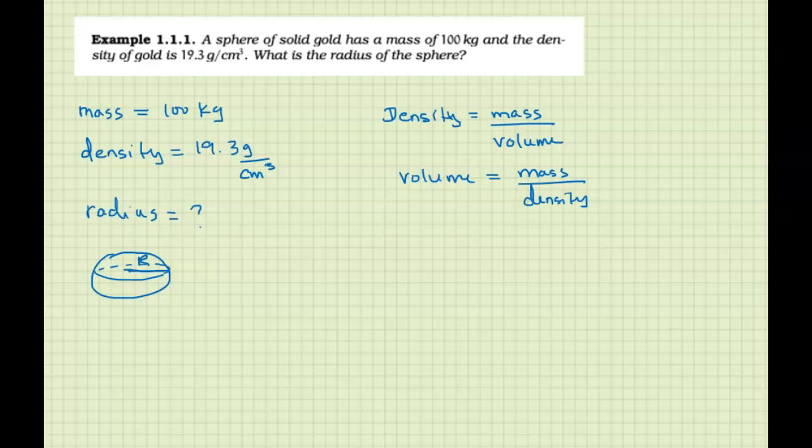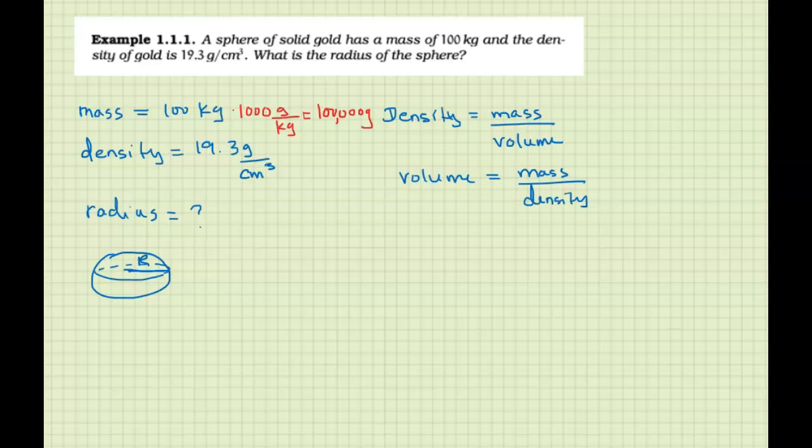So we have to plug in, but before we do, we have to check our units. The mass is in kilograms, but the density is in grams per centimeter cubed. Kilograms and grams are both units of mass, but they're not the same. So we have to change the mass. If I multiply by 1,000, because there are 1,000 grams per kilogram, we get 100,000 grams for the mass of that sphere.